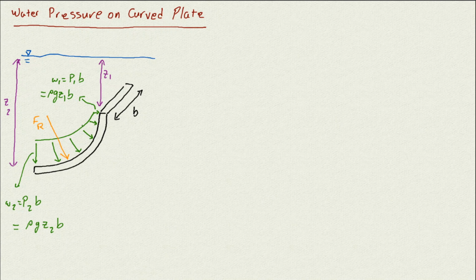So we have a 2D distributed load like before, and the area underneath is the magnitude of the resultant force, and the centroid of that is the location where it is going to apply. But there's another way, most likely an easier way of doing that, and we will use that for our calculation.